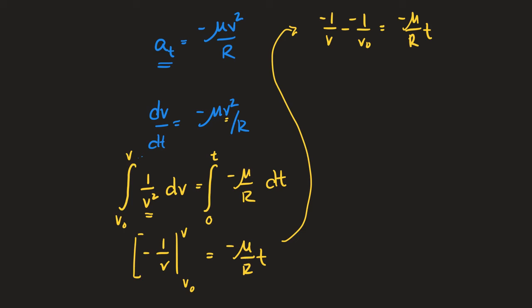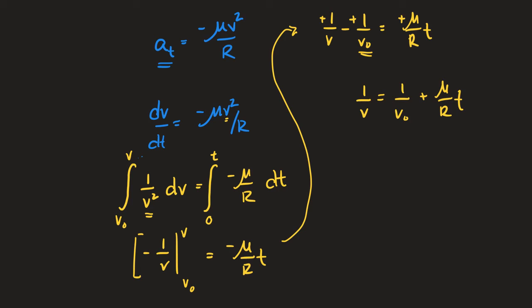We have to get v by itself. So this is the part that's a little tough. And the first thing I'm going to notice is that I can just multiply through by a positive there. That'll make it a little bit easier. And I'm going to move this term to the other side. So I'll have 1 over v equals 1 over v naught plus mu r times t.